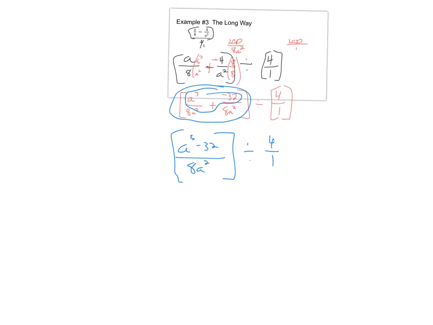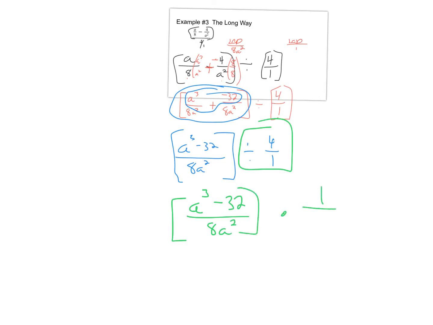All right, now that we've got one piece inside the parentheses, now we can flip the guy and multiply here. So we're going to have a cubed minus 32 over 8a squared times 1 over 4.